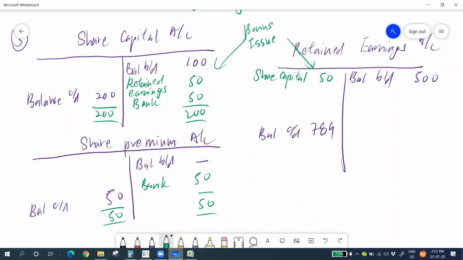We have balanced the share capital account and share premium account. So my question is, tell me which amount we should show in our cash flow statement. How much do we have to show in our cash flow statement? Answer, please.